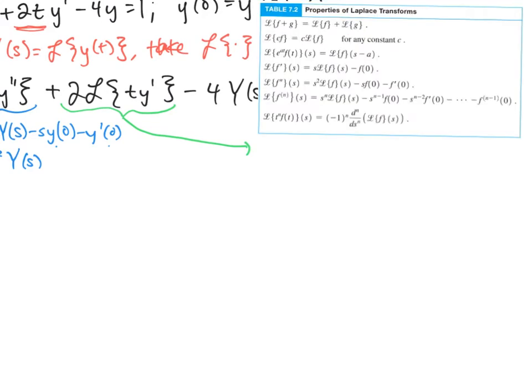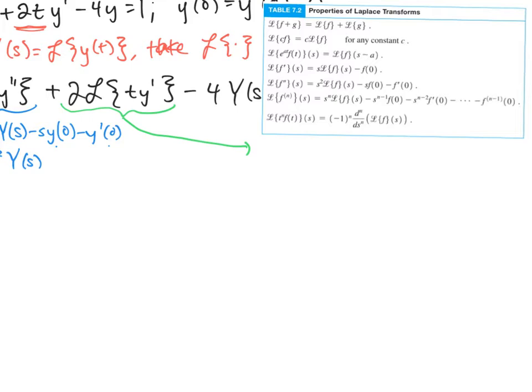Let's pull up our properties table again, and we'll take n equals 1.